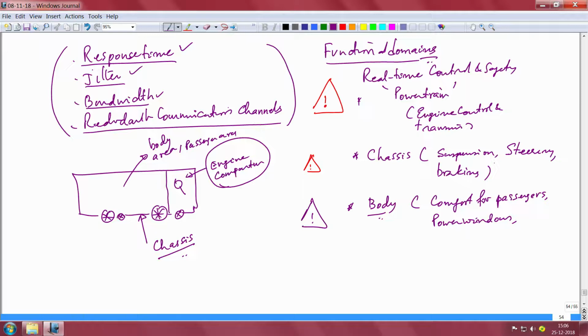Why this is in big red is because this is the one that will perhaps command this part. The big red will command the smaller red. If this fails, this cannot by itself know what to do. If the engine fails, the command should come from this part to the chassis part, so that braking is there or steering is there. So, it should not fail here at all.